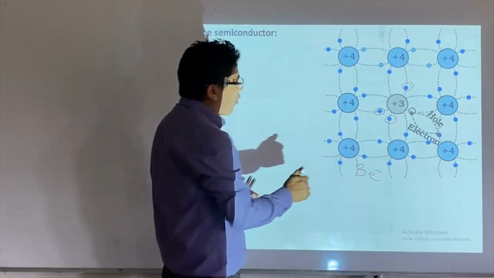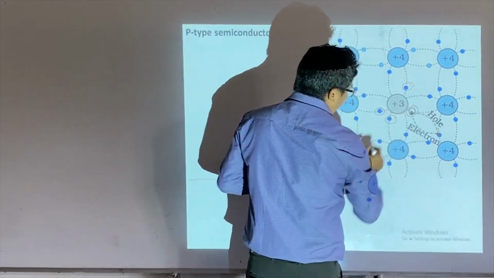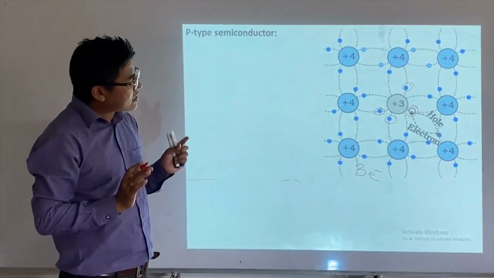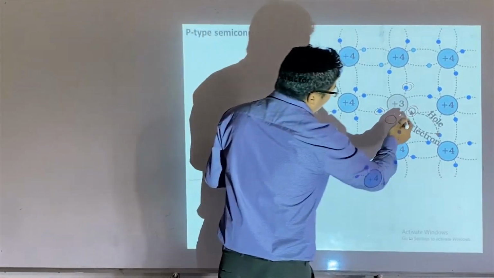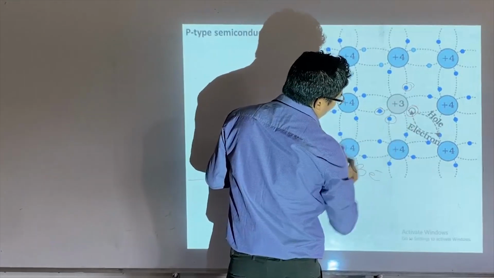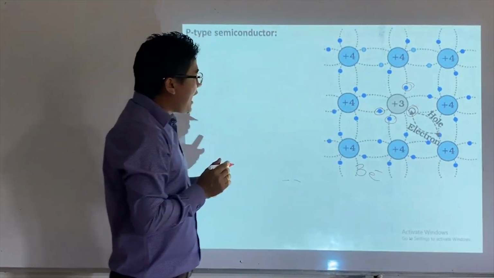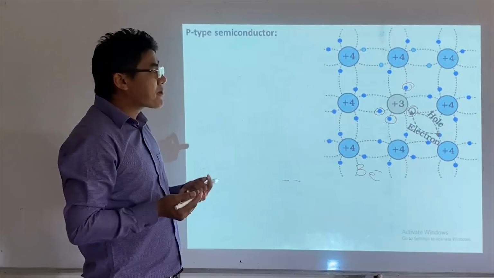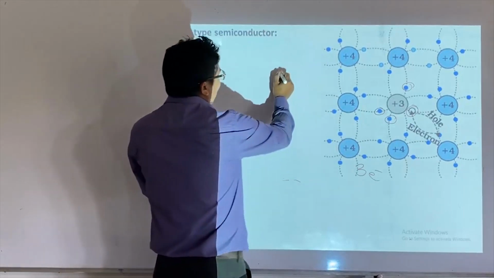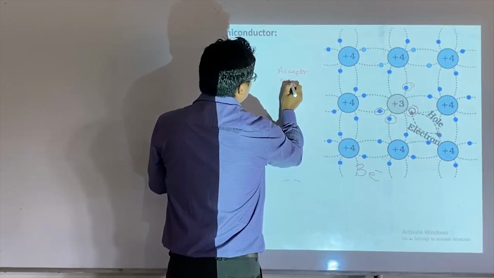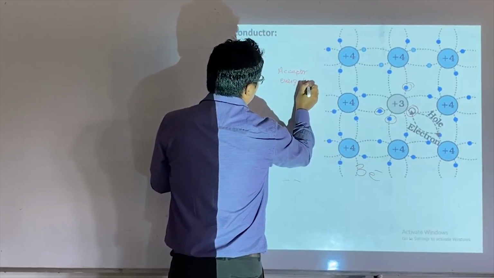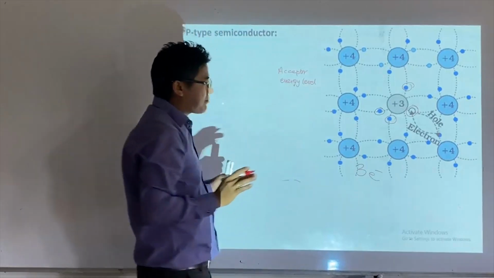Now this creates a hole. This creates a vacancy, and any electron can jump and occupy this vacancy, and this is what we call a hole. This creates an acceptor energy level.